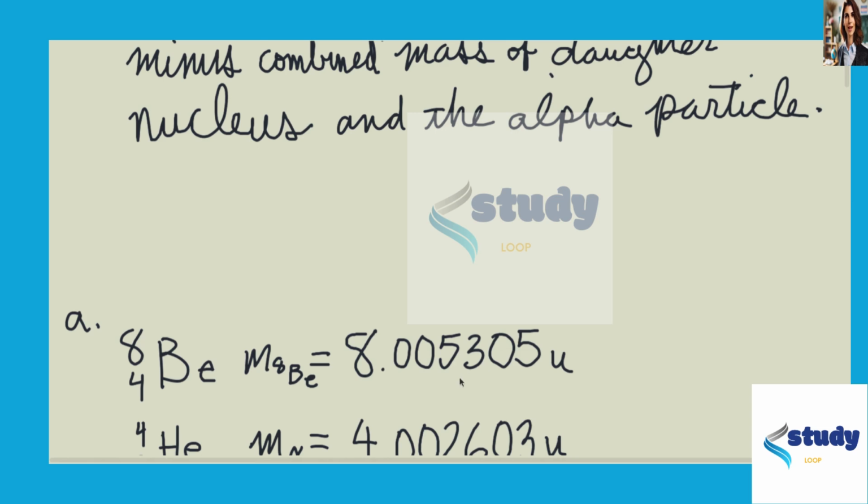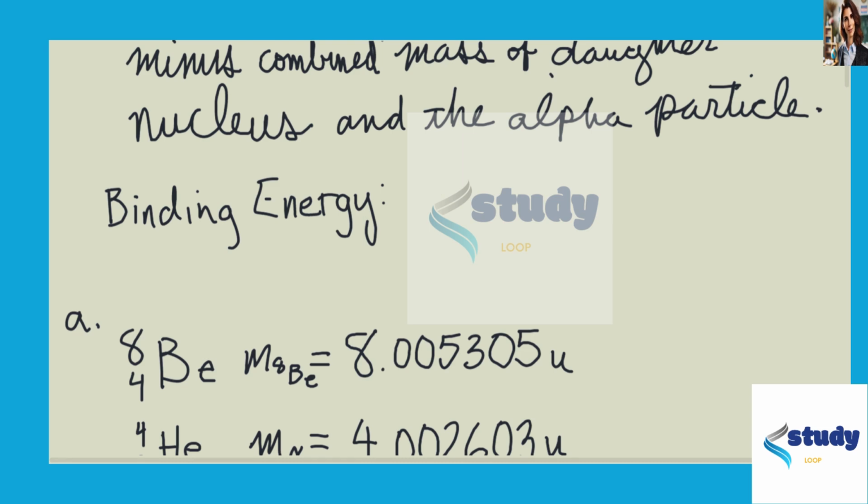So we can think of that in terms of binding energy. When the assembled nucleus or atom is greater than the combined mass of its constituents, in that case, the binding energy is going to be negative.